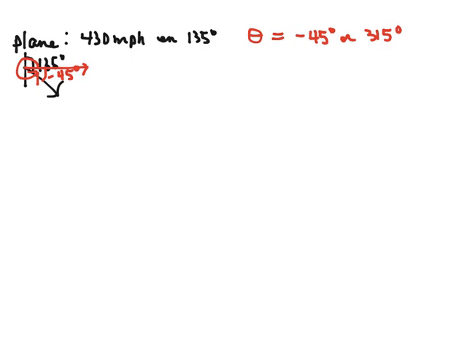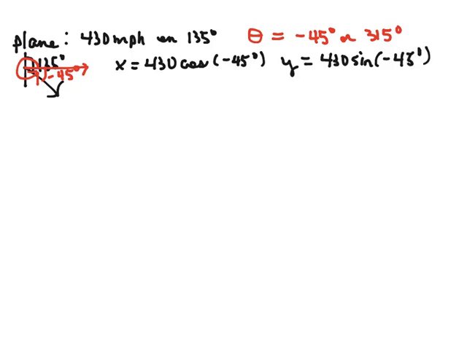as a vector. And so what we know is that x would be equal to the magnitude of the vector, which is 430, times the cosine of the direction angle, which is negative 45 degrees. And y would be equal to 430 times the sine of the angle, theta, which is negative 45 degrees.